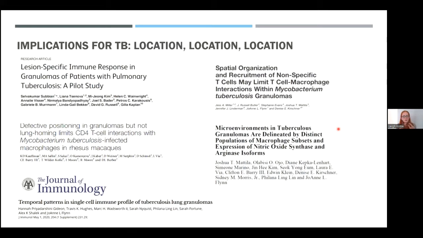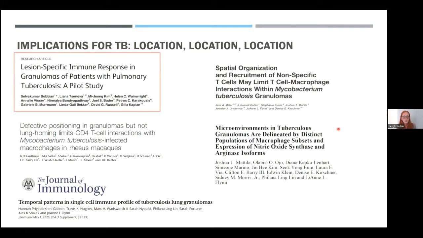We know that the presence of T cells within the granuloma are highly important for granuloma containment, as demonstrated by Gila Kaplan, who showed that the extent of immunoactivity is determined specifically by the density of CD3 T cells, so all T cells within the macrophage-rich areas, which then determine the trajectory of the TB granuloma.